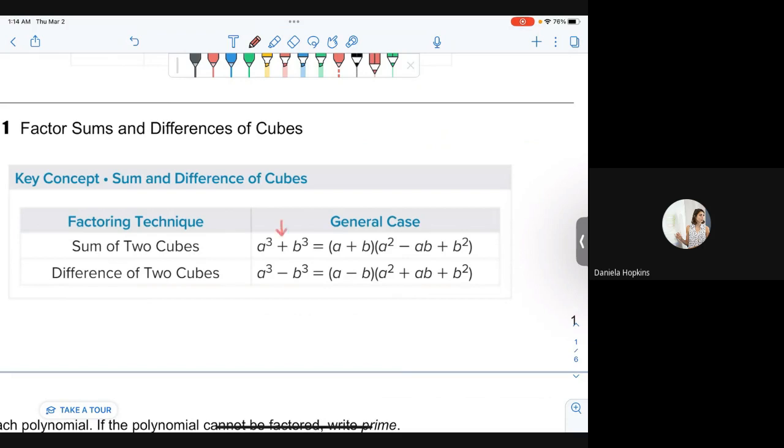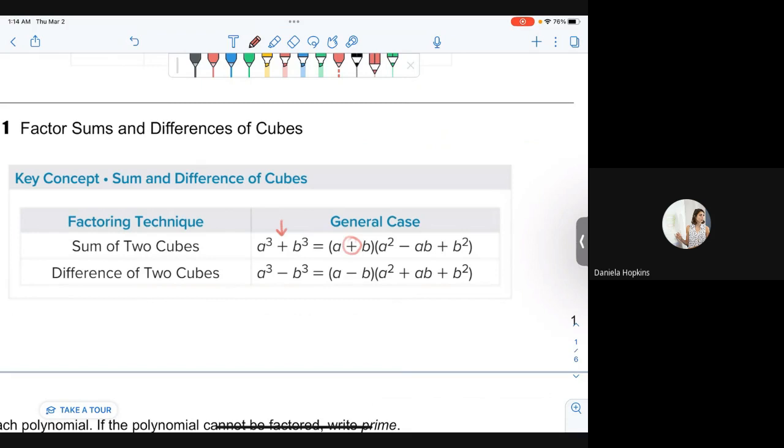It falls into the general case where you'll have a plus b times a squared minus ab plus b squared. You find a term a and a term b by taking the cube root of the original two terms, and then you plug those in.